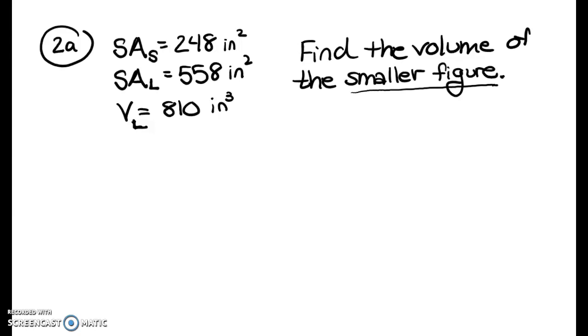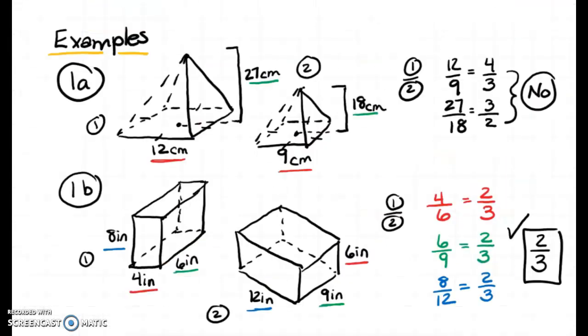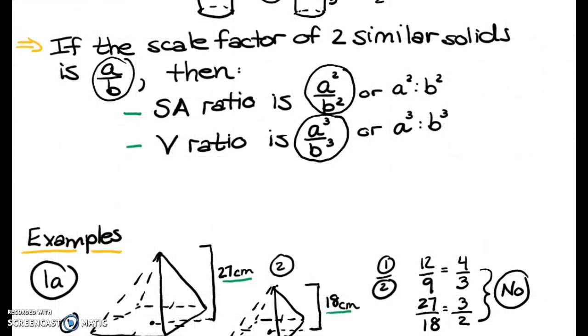So I'm going to create a ratio of small over large of my surface areas. And I know, according to my ratio chart up here, for surface areas, their ratios are a squared over b squared. In order to find volume, I need a cubed over b cubed.